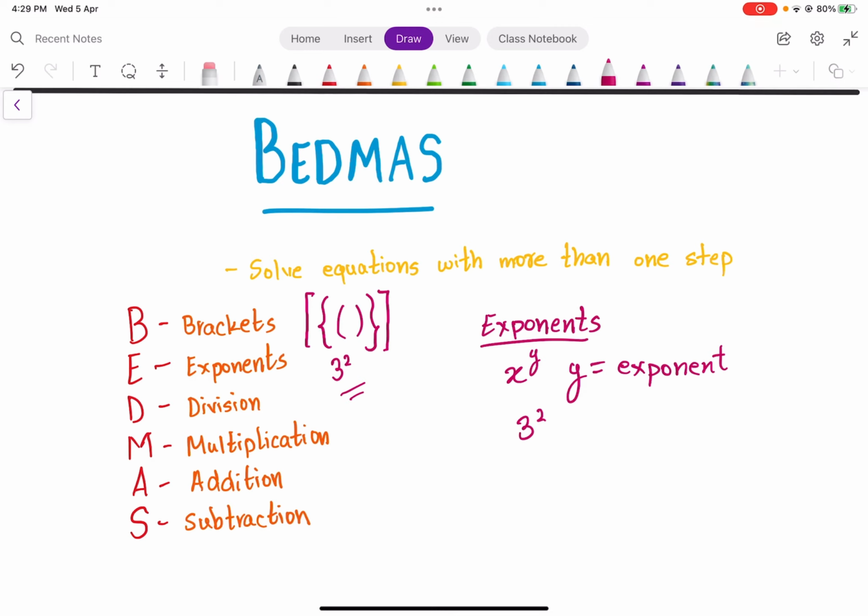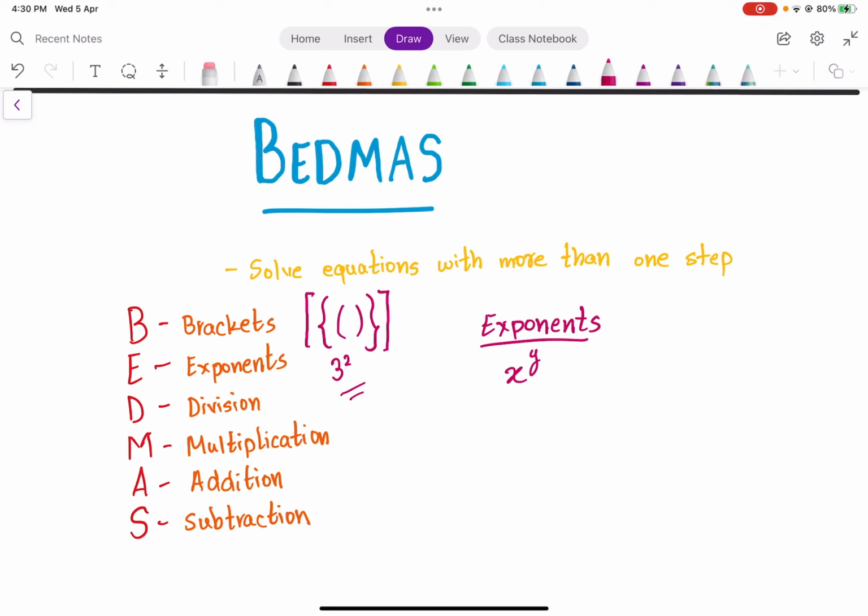Whenever we have an exponent, we always say the first number, which is the base, and our top number, which is our exponent. So we will always say base raised to the power exponent.